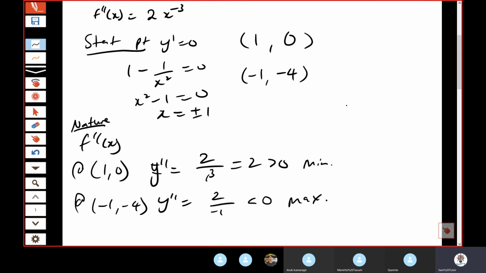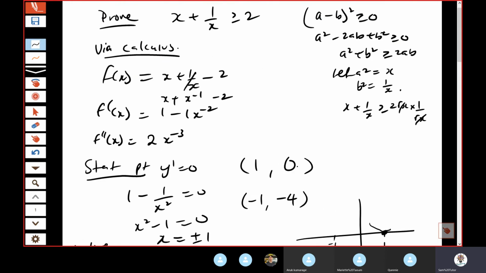So right now what I know is that if I was to draw this at 1 and 0 right there, I've got a minimum point. And then at -1, -4, somewhere down here, I've got a maximum point. So maximum, minimum.